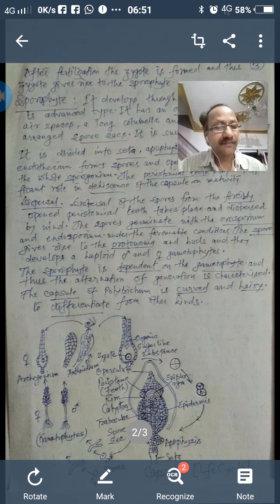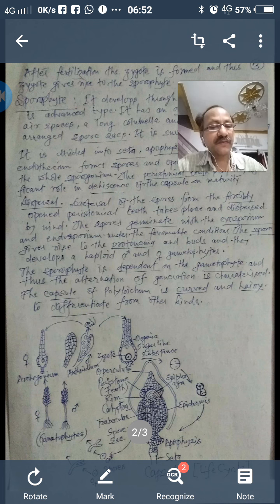The sporophyte develops through the zygote, 2x, and is an advanced type. It has outer and inner air spaces. When it is developed in the form of the capsule, the sporophyte is very advanced and more advanced than other Marchantiales and Anthocerotales.